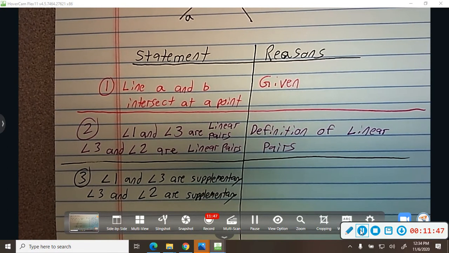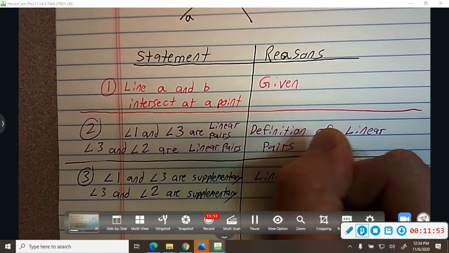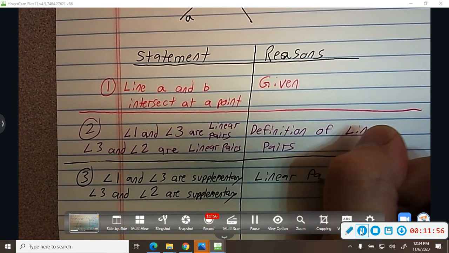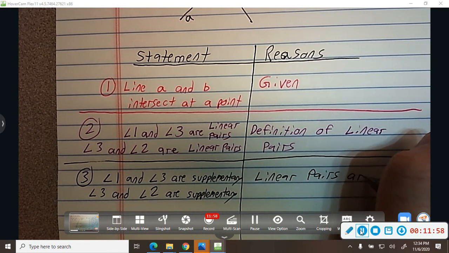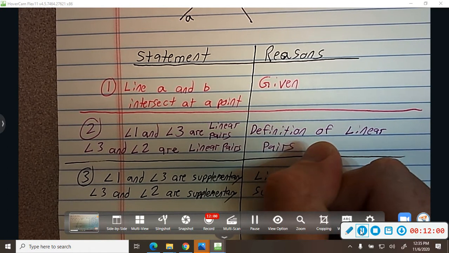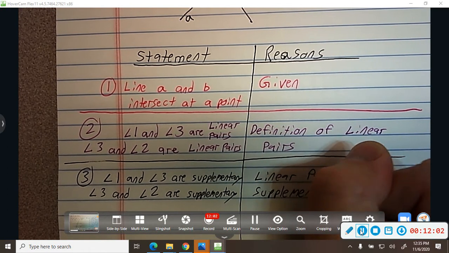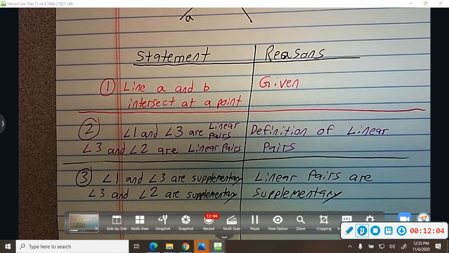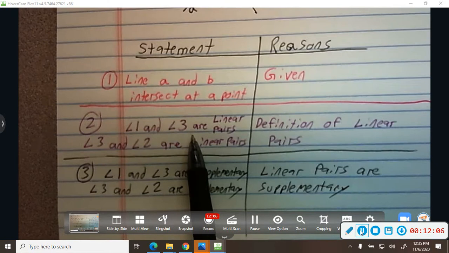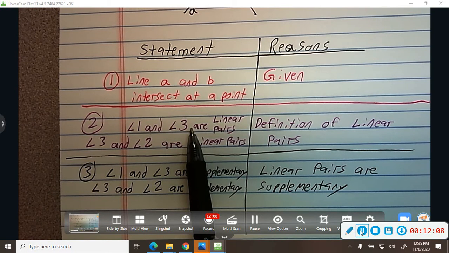How do I know that? Well, linear pairs are supplementary. Really, we don't really need this step 2 because we could have just said they were supplementary and just skipped that step.